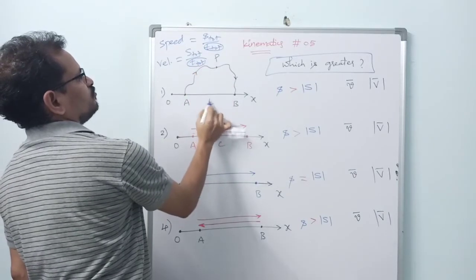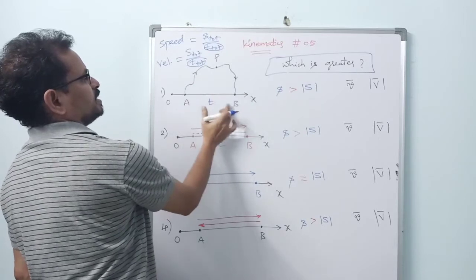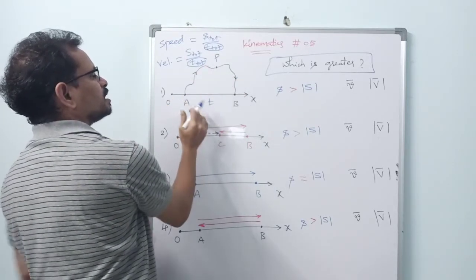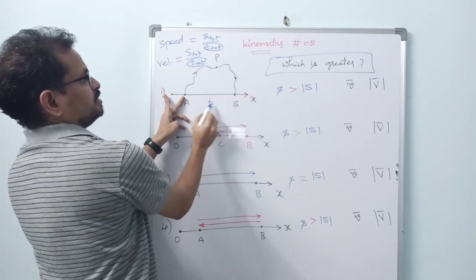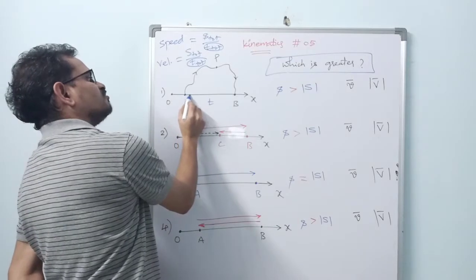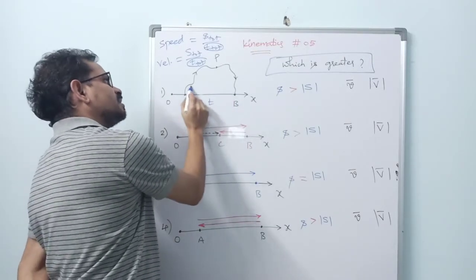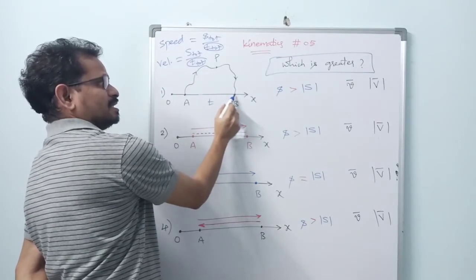Here for example, from A to B, as the particle moves from A to B like this, suppose it takes t seconds. So to travel this distance, what is the time taken by the particle to make this journey? It takes t seconds. Then what is the time taken for this displacement? t seconds only, because in that t seconds only the displacement is happening here.